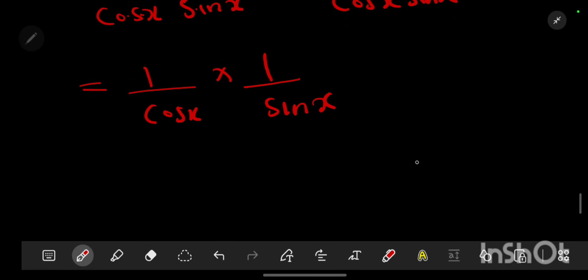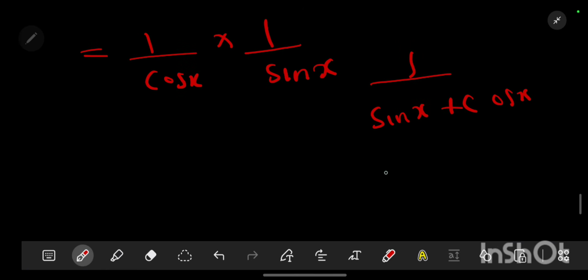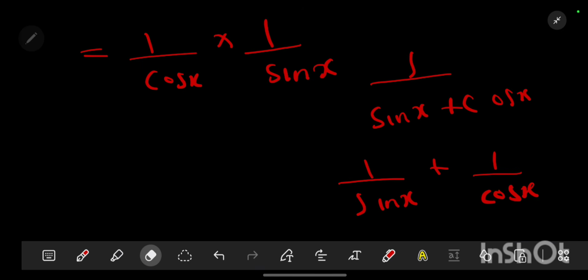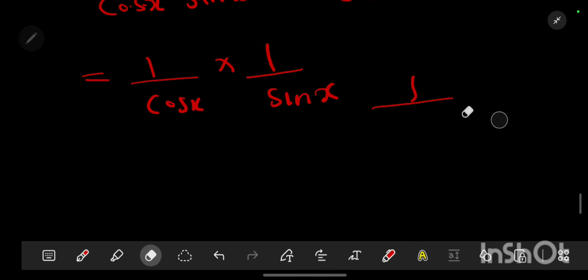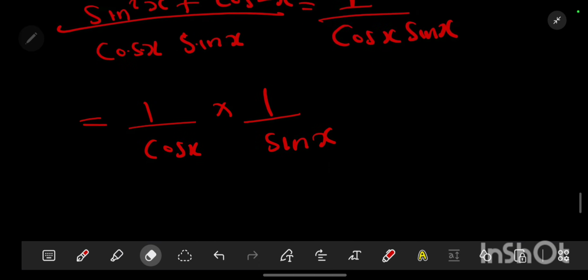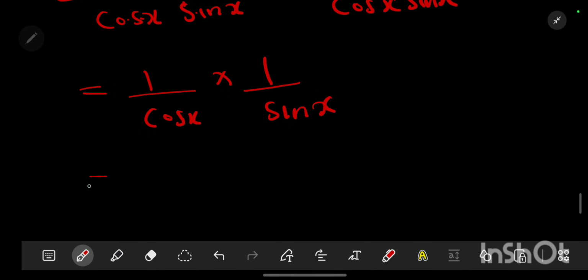This split is not allowed if you have, let's say, 1 over sine x plus cos x; you cannot say 1 over sine of x plus 1 over cos of x. That is something different. But if they are connected by multiplication, you can do this. So 1 over cos is sec x, times 1 over sine, which is the cosec x.